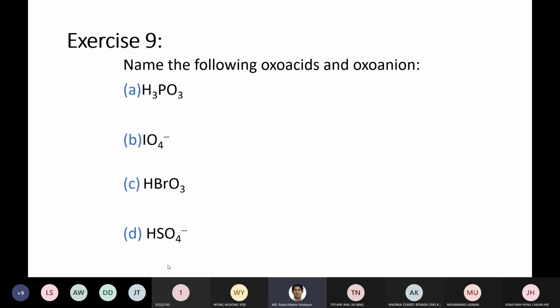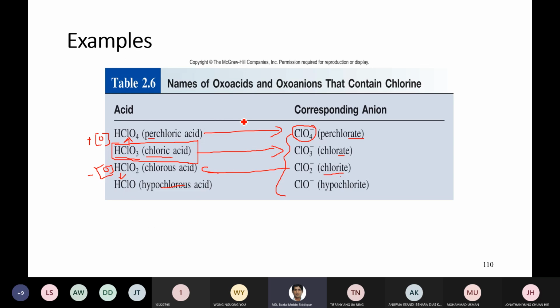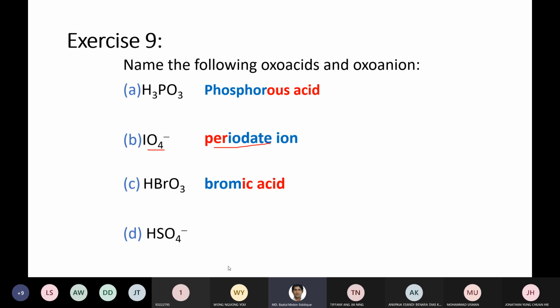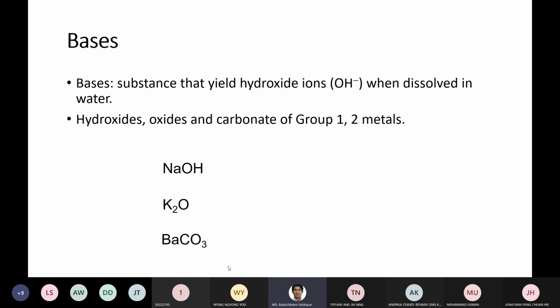Okay, another thing here: from this chlorate, if we remove the chlorine and add one iodine atom, it will be periodate ion, because this is coming from perchlorate. Chlorine is removed, iodine is added, so periodate ion. Bromic acid, hydrogen sulfate ion, all those things, the names of these.